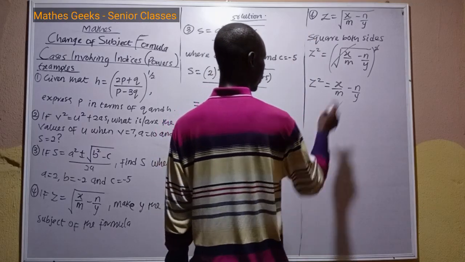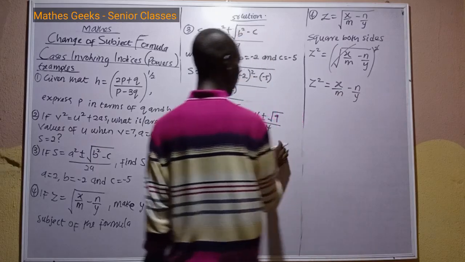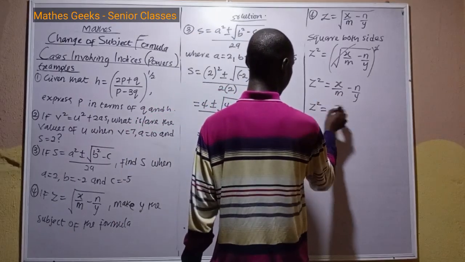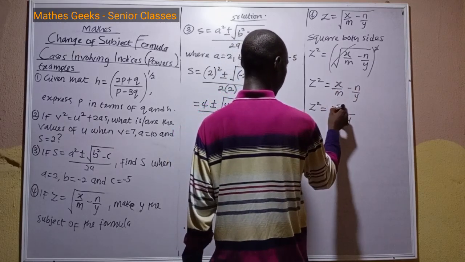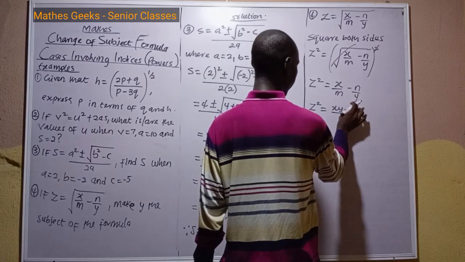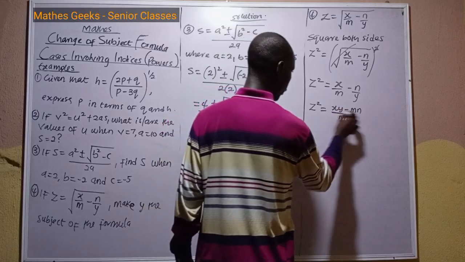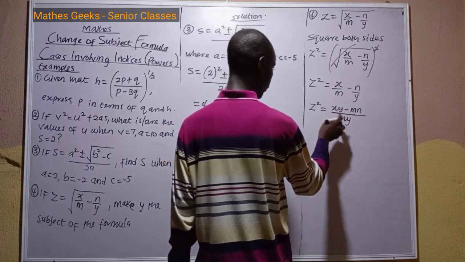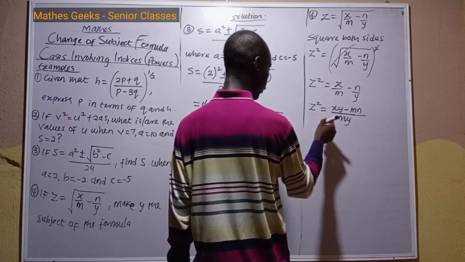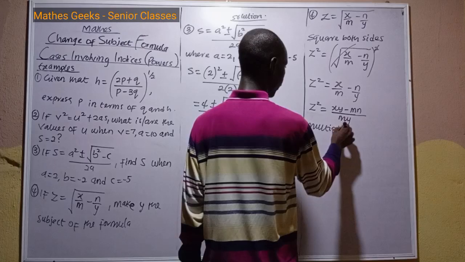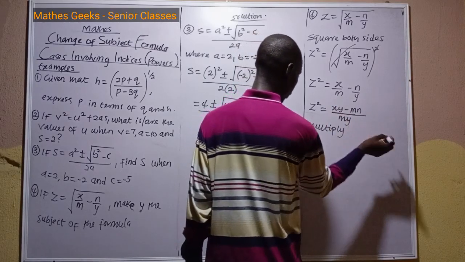The next thing we are going to do is simplify this part, since it's a subtraction of fractions. So the denominator is ny: z squared is equal to (xy minus n times n) over ny. Now I'm going to multiply both sides by ny, because to eliminate the division by ny I have to do the opposite, which is multiplication.